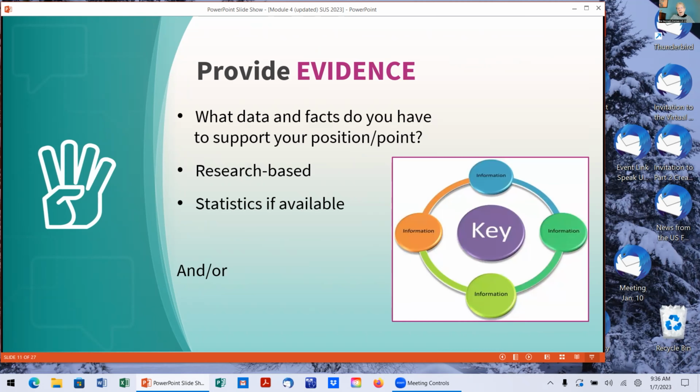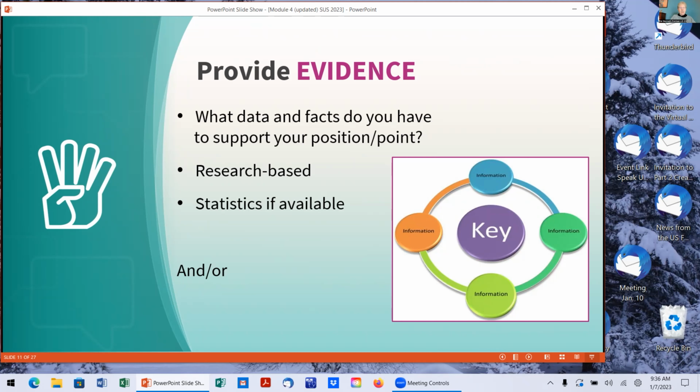But it's not enough for you to identify your issue and to tell a story. Good testimony also gives the reader, the listener, the legislator, some critical facts and details about your position. These decision makers need to know some facts so that when they make the decision, they can back themselves up.